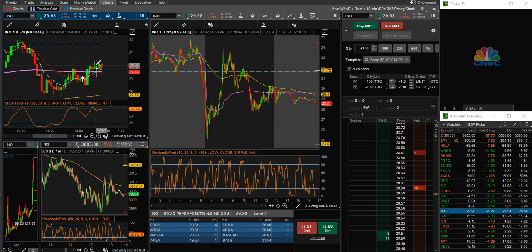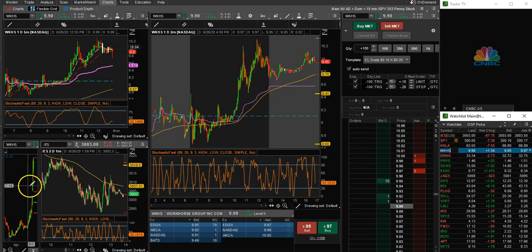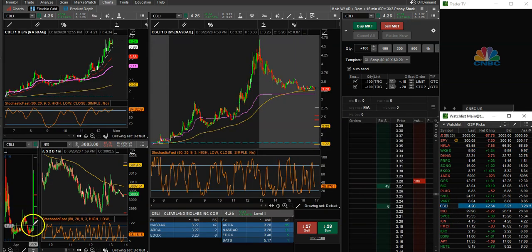Then over here, what I have is a daily chart. All I want to see is, this is a 2-year, 1-day chart with Fibonacci's over here, but this is more of, hey, what's the daily look like, right? Are we breaking out? Here's a CBLI.